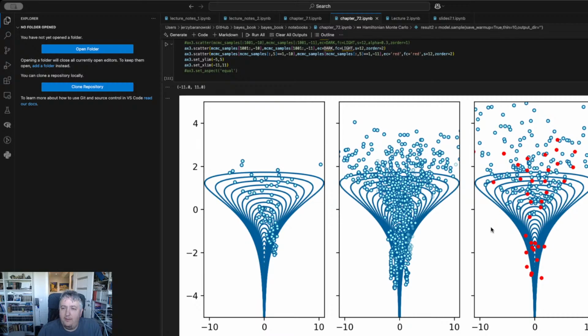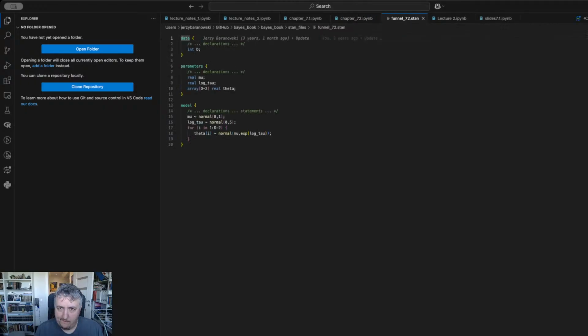So we can observe on such a pair plot what happens when we have those divergences. And detecting those divergences allows us to fix certain issues, because our original Stan code here was very simple.